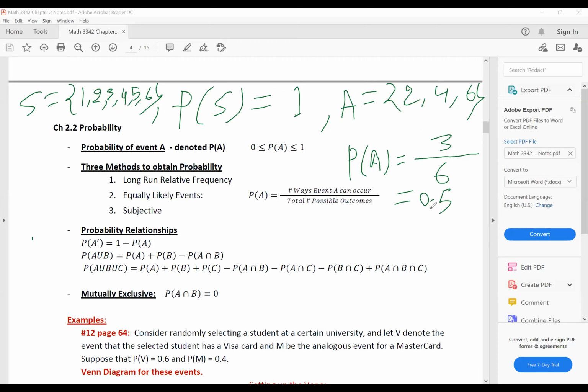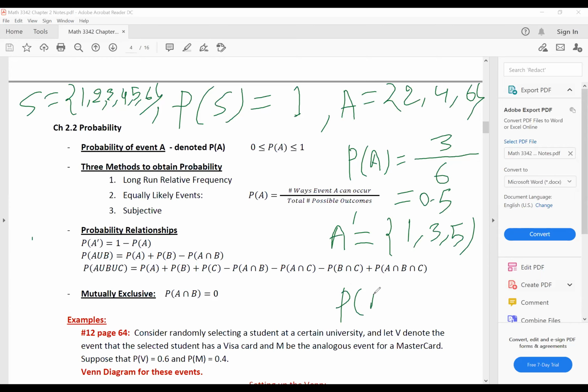So now the total probability is 1, right? So what do we know about the complement? All the outcomes which are not in A, right? So then the complement will be 1, 3, 5, right?